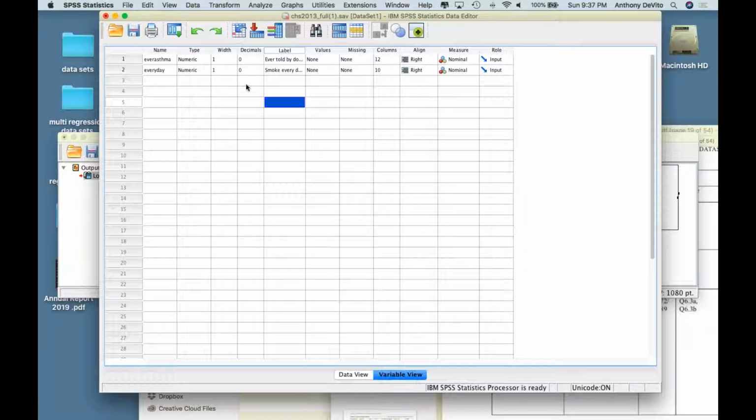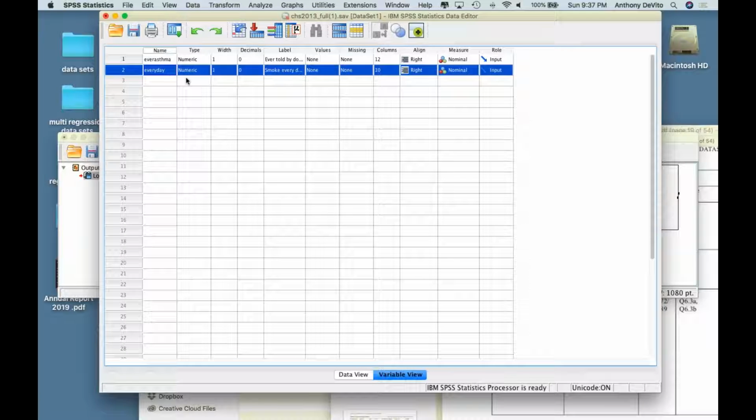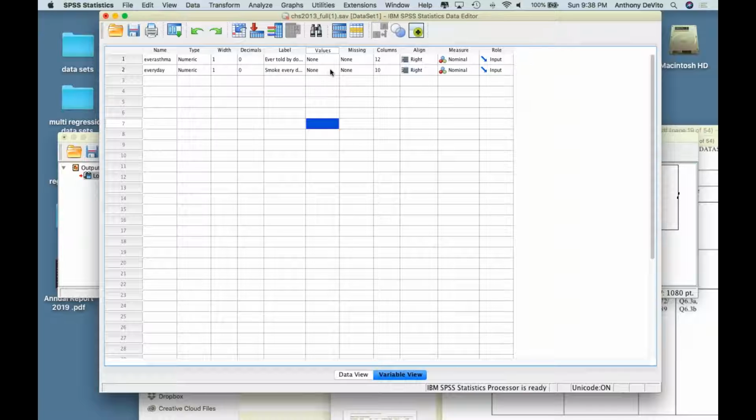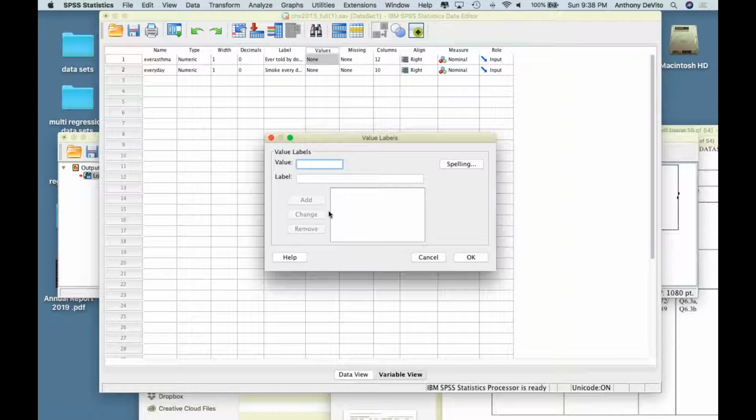I'm thinking that smoking every day is a risk that will make it more likely that you're going to be diagnosed with asthma. I could be wrong, and there's a reason why I could be wrong, but we'll see.